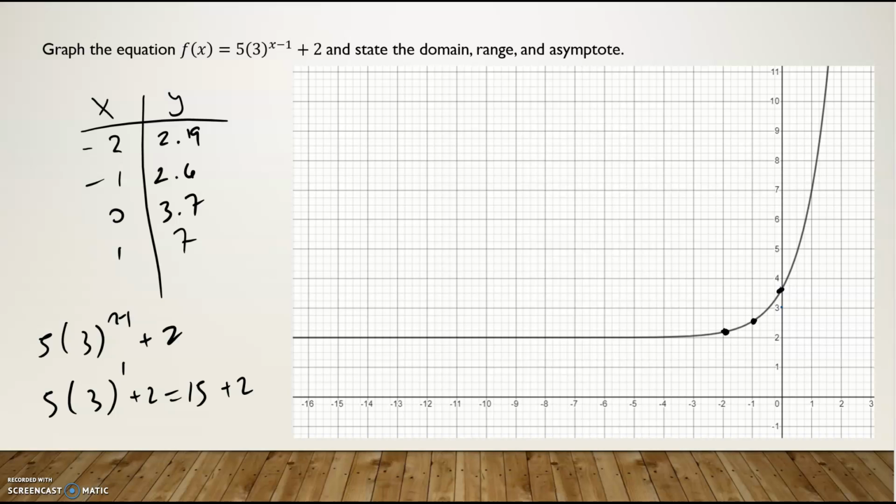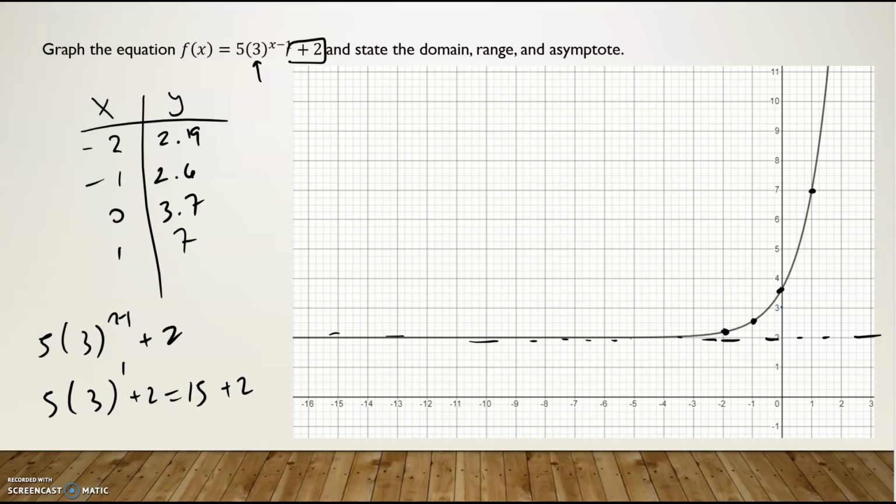And then 1, 7, hey, there it is right there. Okay, and we also notice that b is 3, so it's going to be an increasing function. We notice that this is a plus 2, so we should have a horizontal asymptote at y equals 2, which is what we have right here. Okay, so then there's our function.